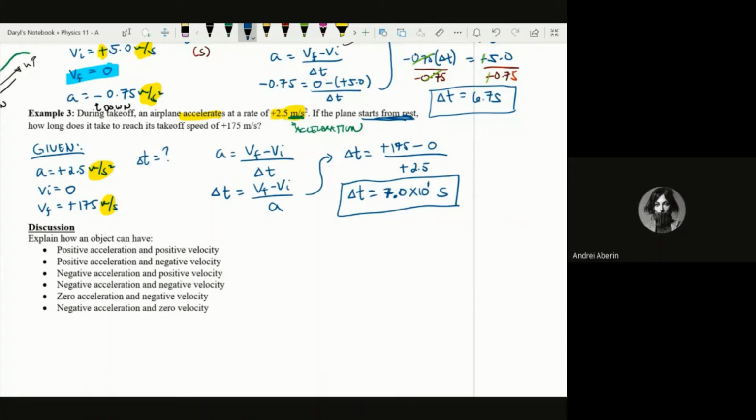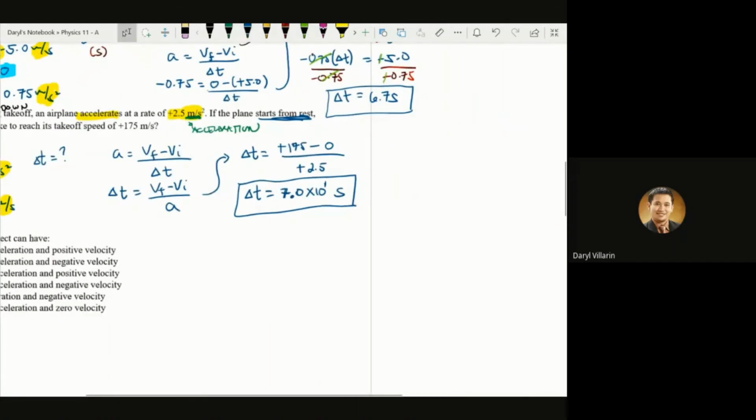How do we know that it's seconds and not seconds squared? You can check that one by plugging in the units, but since I'm confident because of the units that were given to me, like we arrive at meters per second squared, since if we go back to acceleration, it's delta v over delta t.